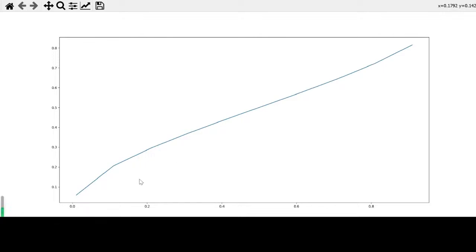So this is also a non-negative, non-decreasing curve. So for example, at 0.4, which means the cumulative probability 0.4, the value is about 0.45. So it means the probability of x less than 0.45 is 0.4.